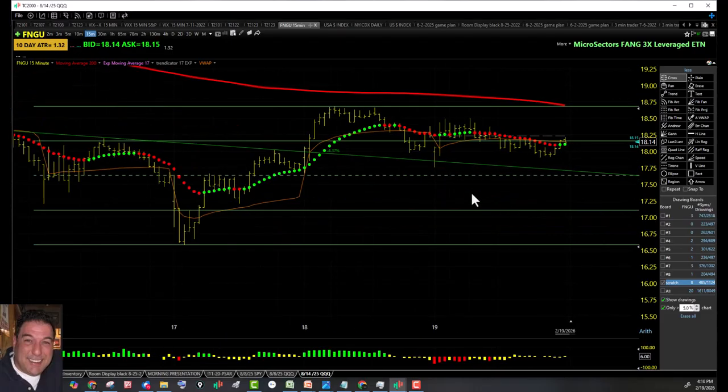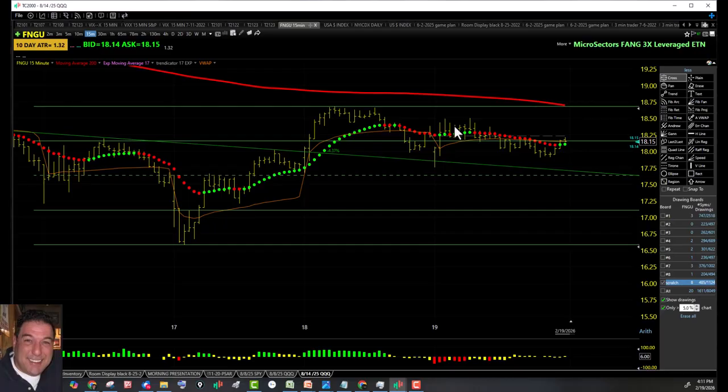So you can see there's a low. We have not made a lower low yet. There's a high. We made a lower high here. And there's a low. We made a lower low there. Here's a high.